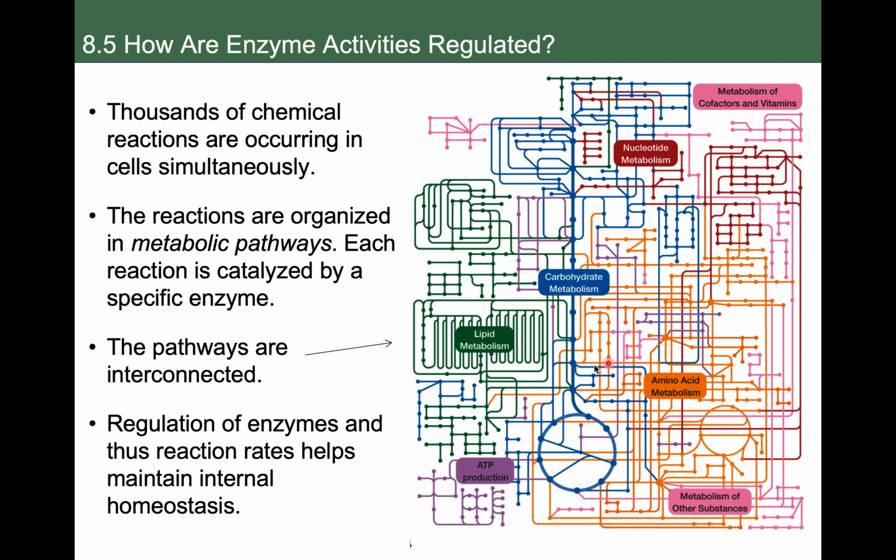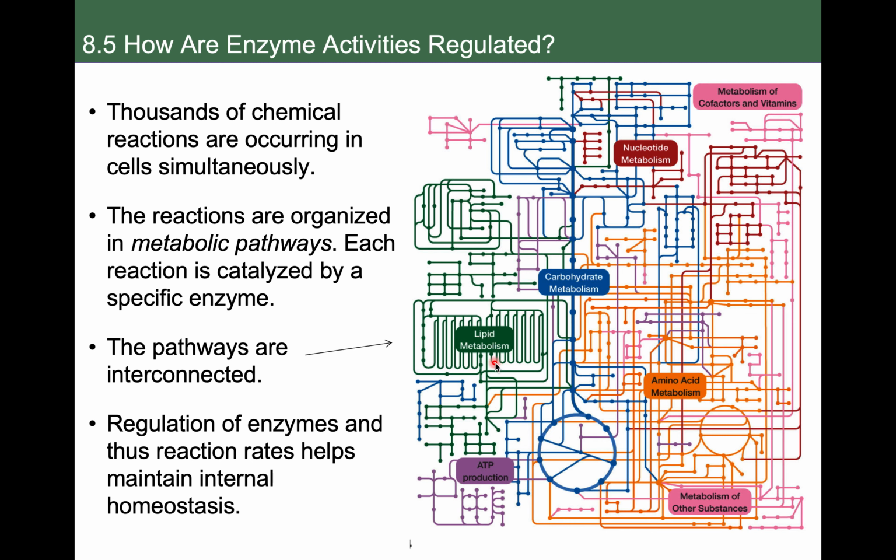In this cartoon here, you can see they're outlining, just in a generic sense, pathways that might be involved with lipid metabolism or carbohydrate metabolism, etc., where each one of these colored lines would represent some of these different pathways.